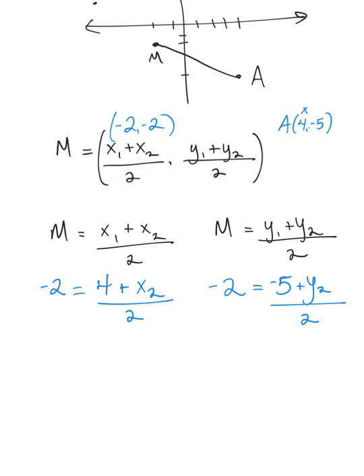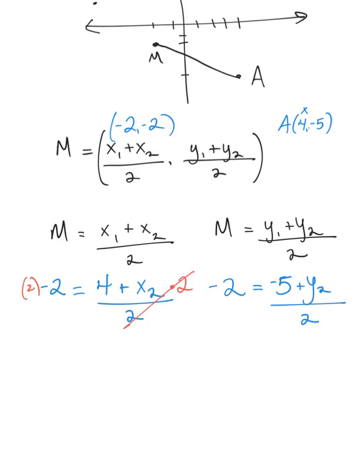Okay, so in both cases we want to get rid of that denominator of 2. So of course, if we read this, 4 plus x sub 2 divided by 2, opposite of division is multiplication. So I'm going to multiply both sides of the equation by 2 so I can get rid of that denominator.